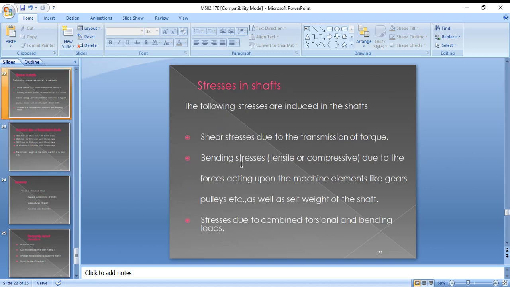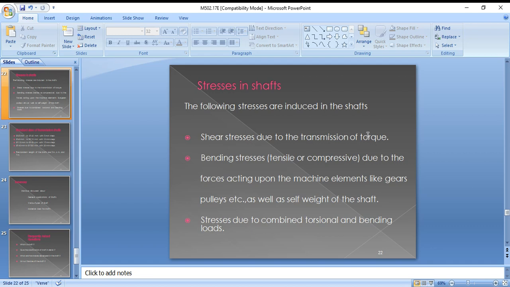Next we have the different stresses induced in the shaft. As I said, the shaft transmits torque and bending. When transmitting torque, the shaft experiences shear stress due to the transmission of torque.